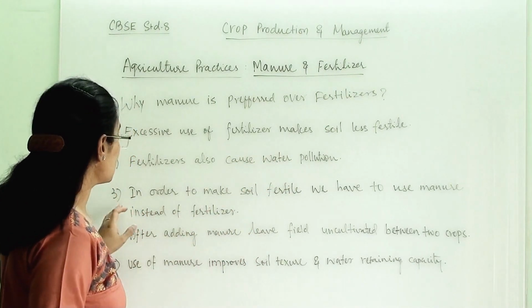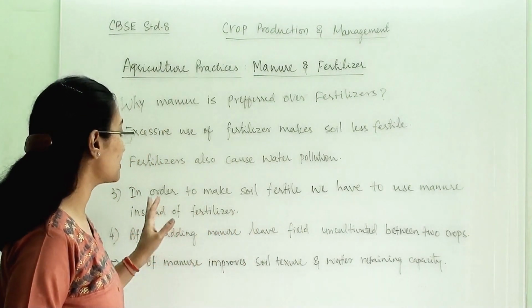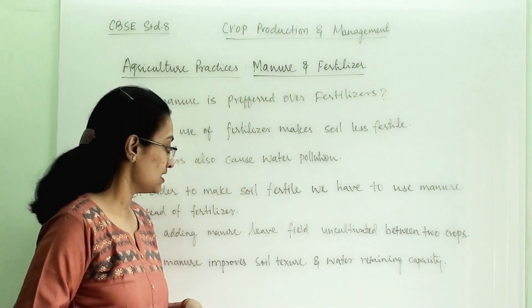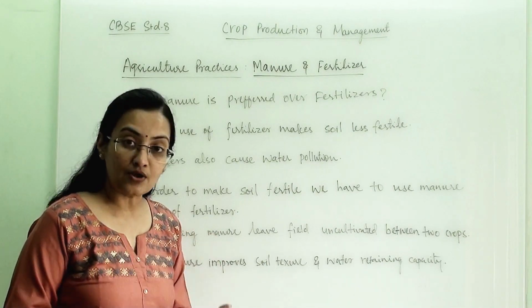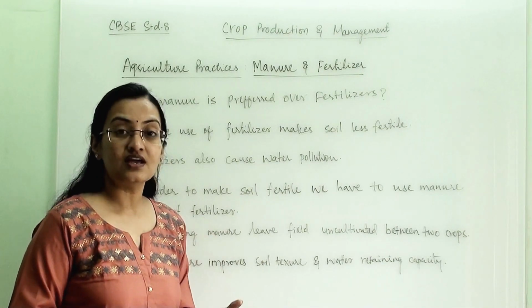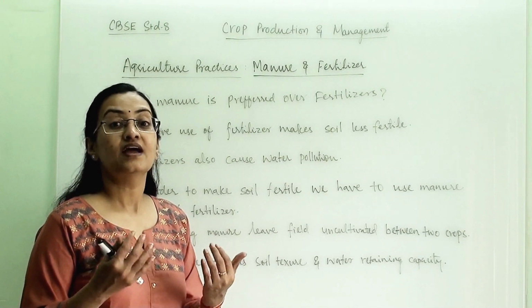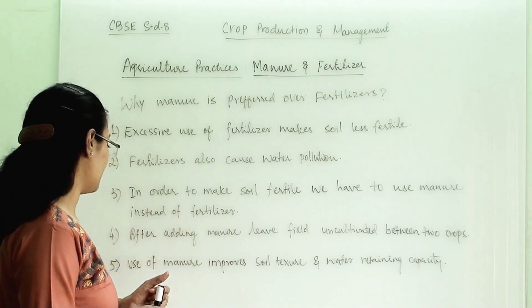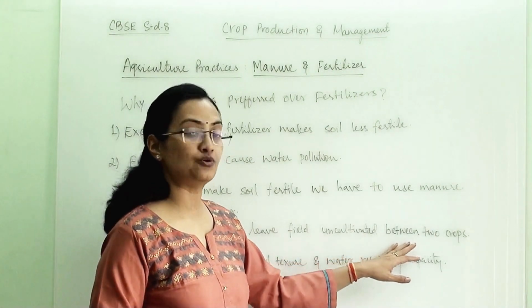Third point: in order to make soil fertile, we have to use manure instead of fertilizer. Why? Because manure is an organic substance, biodegradable and natural, and it will replenish the soil with all the nutrients that have been used up over a period of time. After adding manure, leave the field uncultivated between two crops.